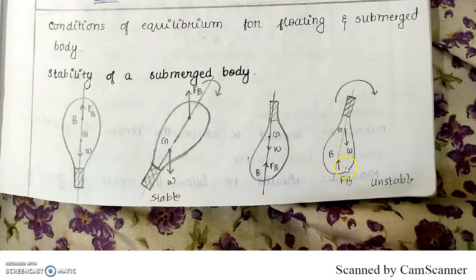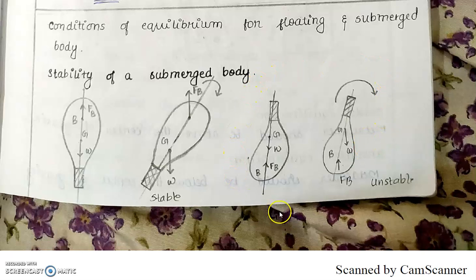What happens now? The forces are like this, isn't it? Weight is in the downward direction, and the buoyant force is in the upward direction. So the moment formed is in the same direction as that of the tilt. So the body won't come back to its original position. So it is in an unstable equilibrium.